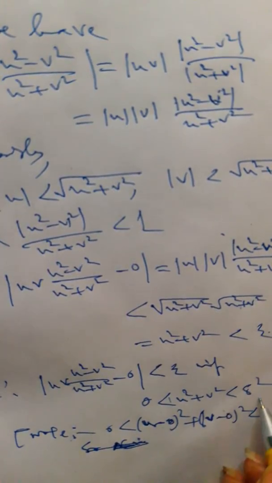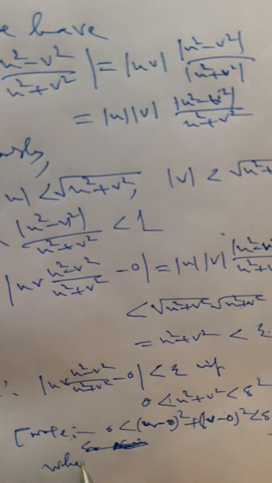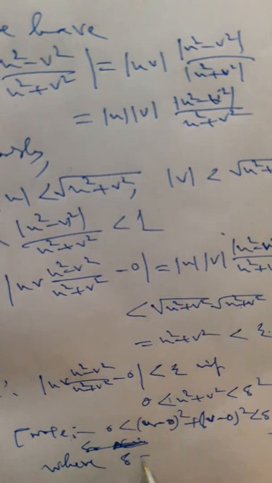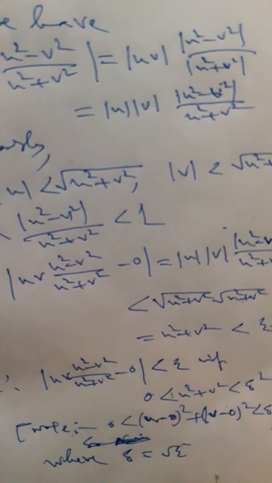But if we compare here, we find delta square is epsilon, so delta equals root over epsilon.